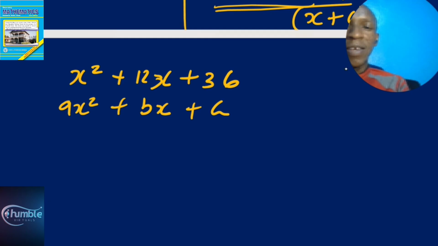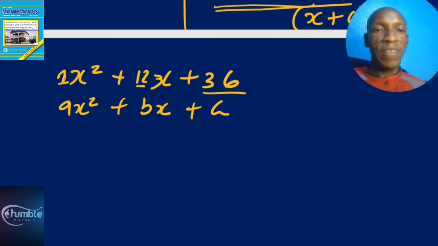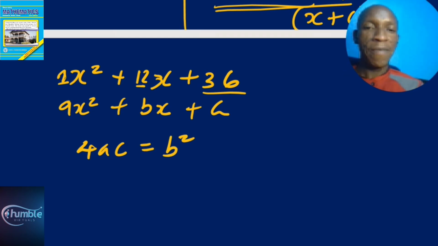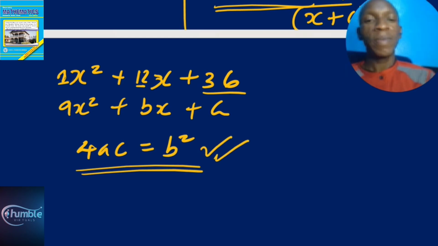In this one, our a is 1, our b is 12, and c is 36. In any perfect square, this is the rule to verify whether the quadratic expression is a perfect square or not. The rule is 4ac is equal to b squared. For any perfect square, 4ac should be equal to b squared.